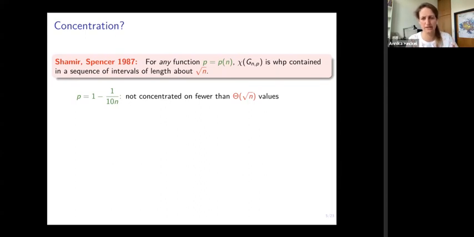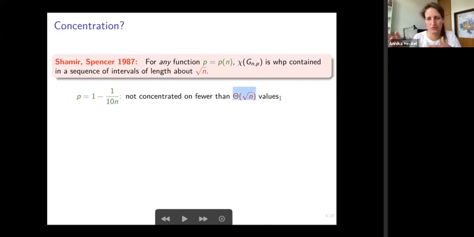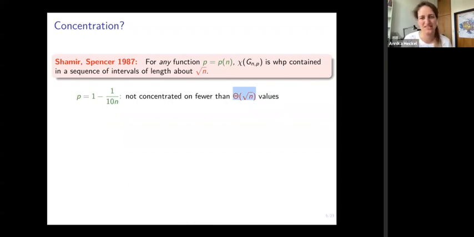There are order n missing edges, and whenever an edge is missing, you can color the corresponding vertices in the same color. The number of missing edges varies by root n, and this is why the chromatic number in that case varies by about root n. But this is a pathological case.